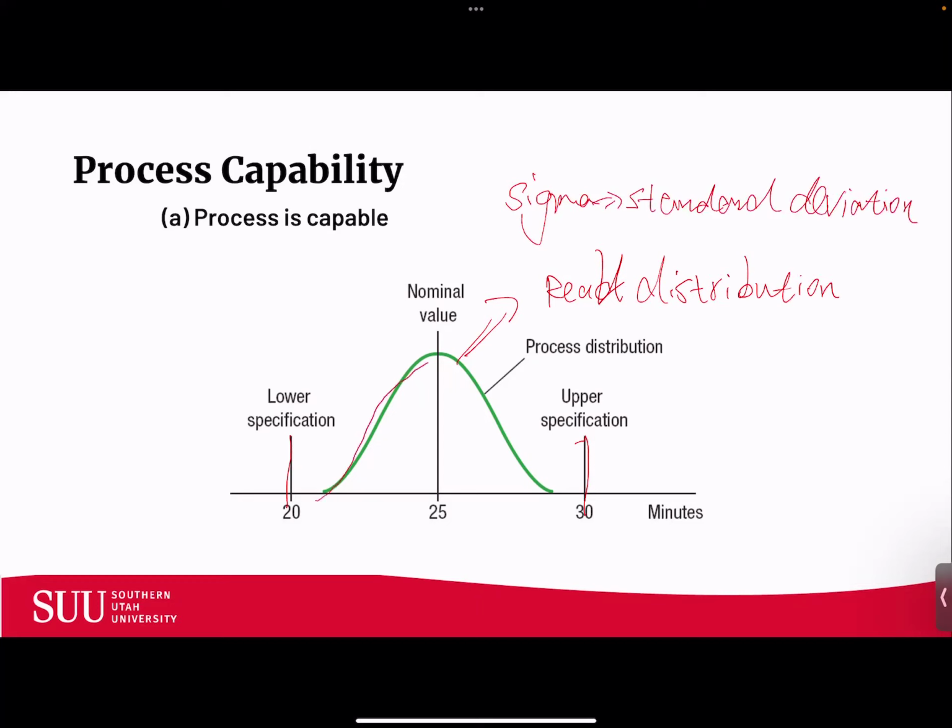Okay. So for any distribution, because it comes from the data you collect, this is the real data. This is the real length for each apple pen you produced. Then we collect all the data, we compute the standard deviation for all the lengths you collect. Then we have this distribution. And for any distribution, if it is within the limits, then it means the process is capable.